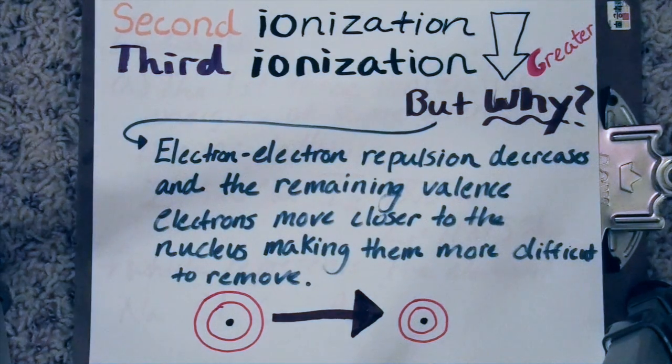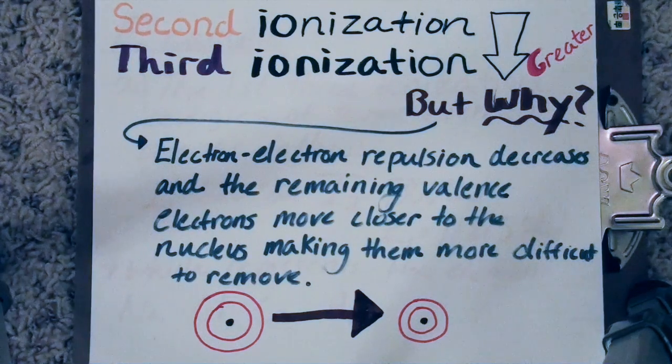The energy required to remove the first electron from an atom is also called the first ionization energy. Likewise, the energy required to remove the second electron from an atom is called the second ionization energy. The energy required to remove the third electron is called the third ionization energy, and so on: the fourth ionization energy, fifth ionization energy, etc. The second ionization energy is always greater than the first ionization energy.